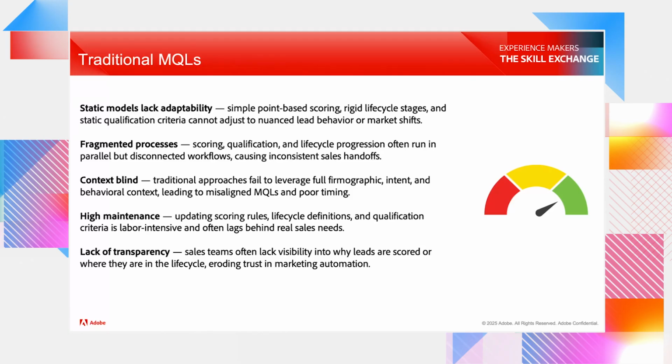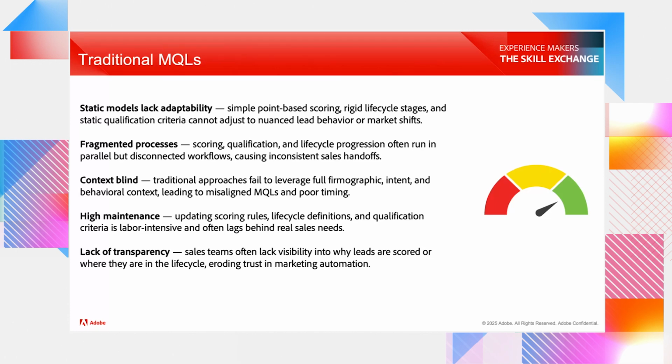Traditional systems also lack context awareness. Typically, data points are considered in a vacuum, evaluated once and not seen holistically. Things like company size, intent signals, or recent behavior aren't considered together. The result is that leads are misscored or acted on at the wrong moment. Traditional systems are also high maintenance.